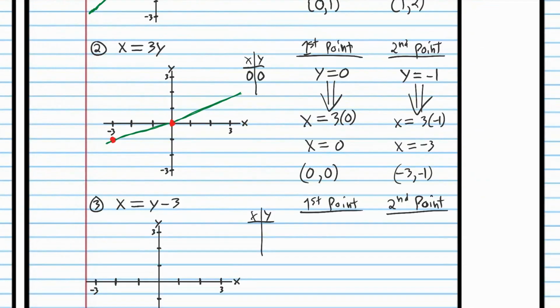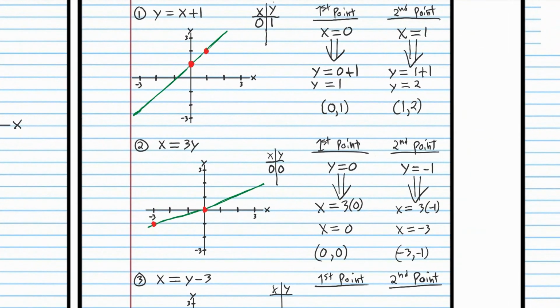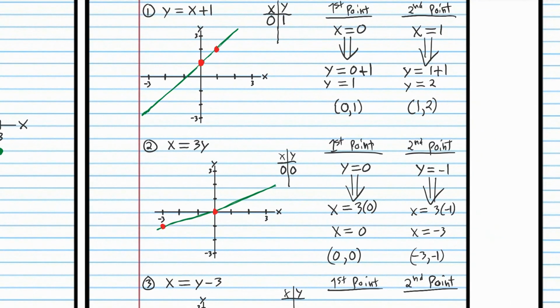Also, I want to explain what's going on here. So we've demonstrated how to do this, but I just want you to be aware that when you graph this equation, if you pick a million different points, they're all going to be on this line. So there might be a point here, there might be a point here, here, here.